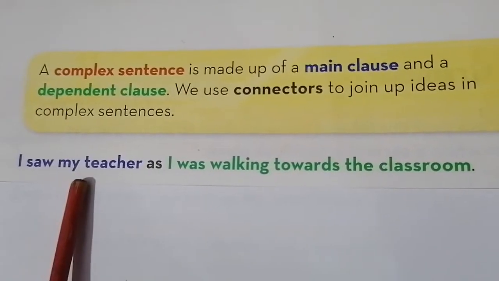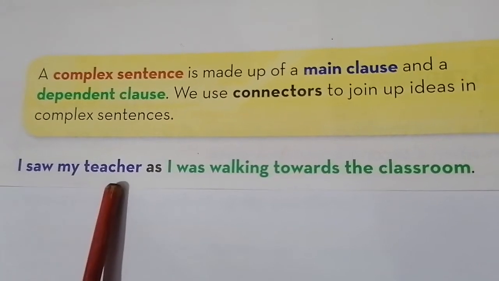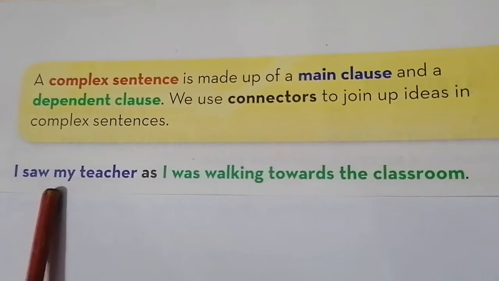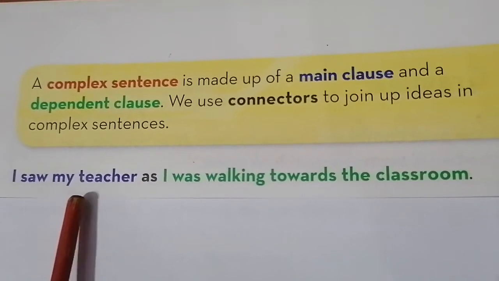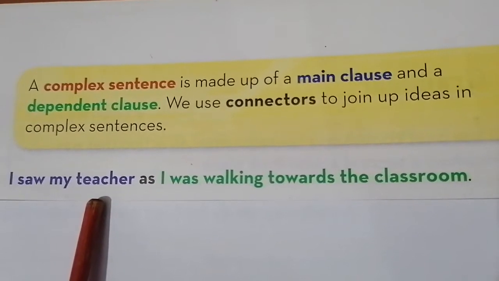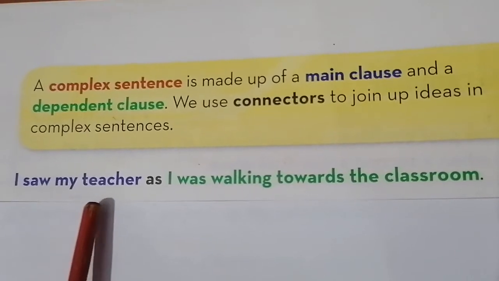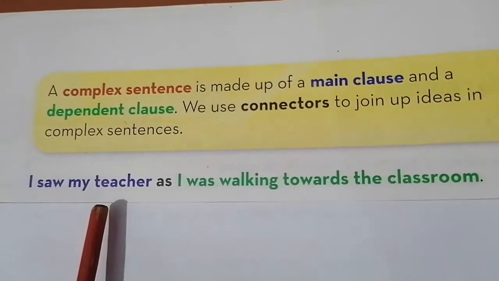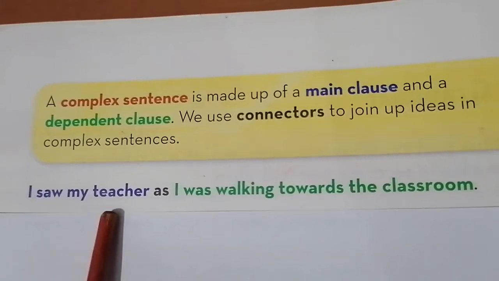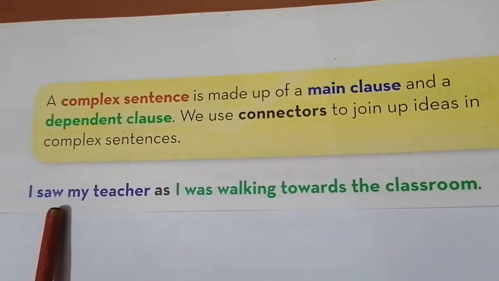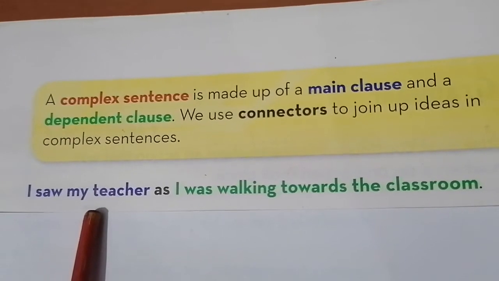Now, dear students, look at the blue words. I saw my teacher. These words are a main clause because it gives us a complete sense and it also makes a complete sentence, having a subject and a predicate. So this part of the sentence is a main clause.